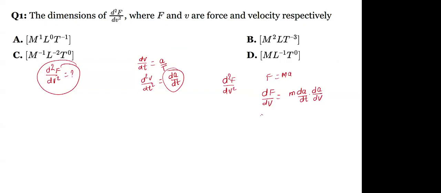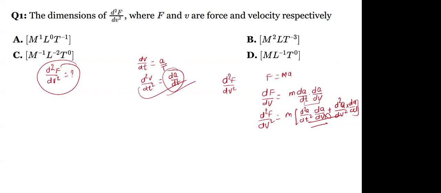Then again, if you differentiate, it will become d2F over dV square equals, mass being constant, again differentiation of these two functions will take place. It will become d2A over dt square, dA over dV remaining as it is, plus d2A over dV square multiplied by dA upon dt. Now this seems pretty complicated, so we will go according to the first way.